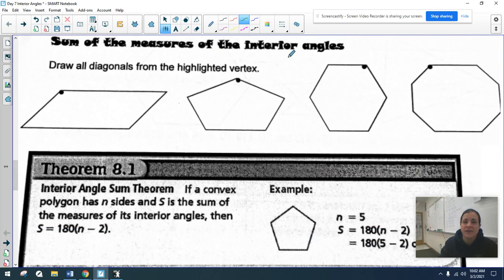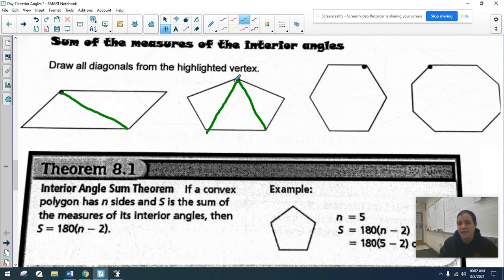So when we start talking about the sum of the measures of the interior angles, interior means inside. So we're talking about all of these angles and what they add up to. You will see this a little bit in the IXL, where it wants you to draw a diagonal from the vertex. So here's my vertex they highlighted. My only diagonal here is this one. Now, if you do them from here, it's just connecting this dot to all other vertices.